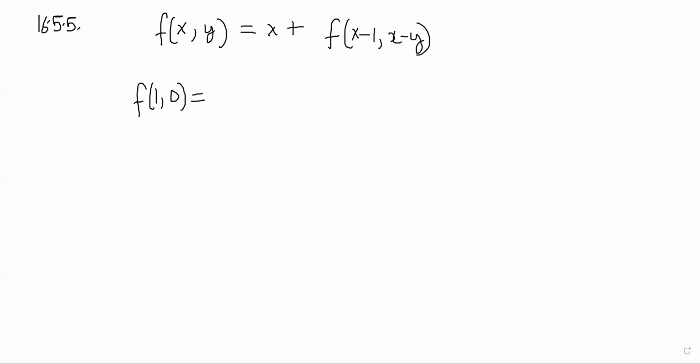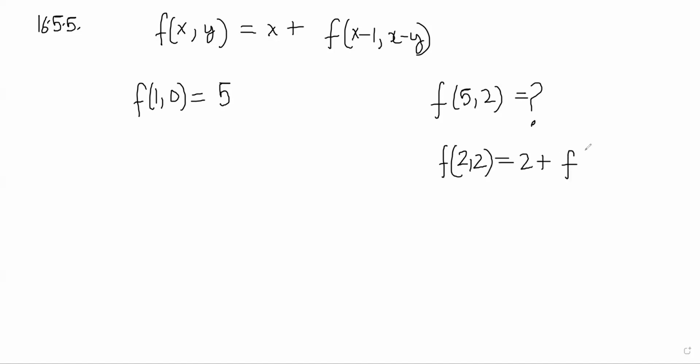So what I did, we already know that f of 1 comma 0 is equal to 5. So I kind of worked my way through it. First I tried to find the value of f of 2 comma 2. If you do that, then you get 2 plus f of 1 comma 0, which we already know is 5. So f of 2 comma 2 is equal to 7.